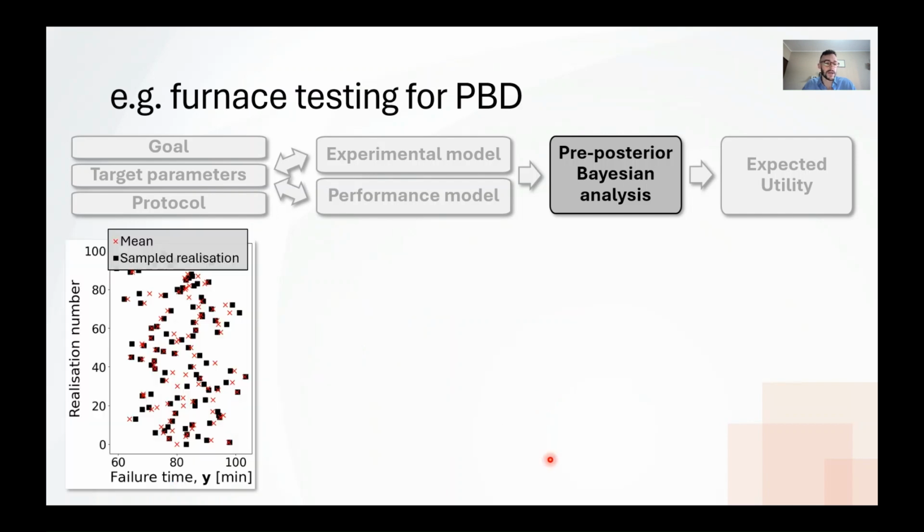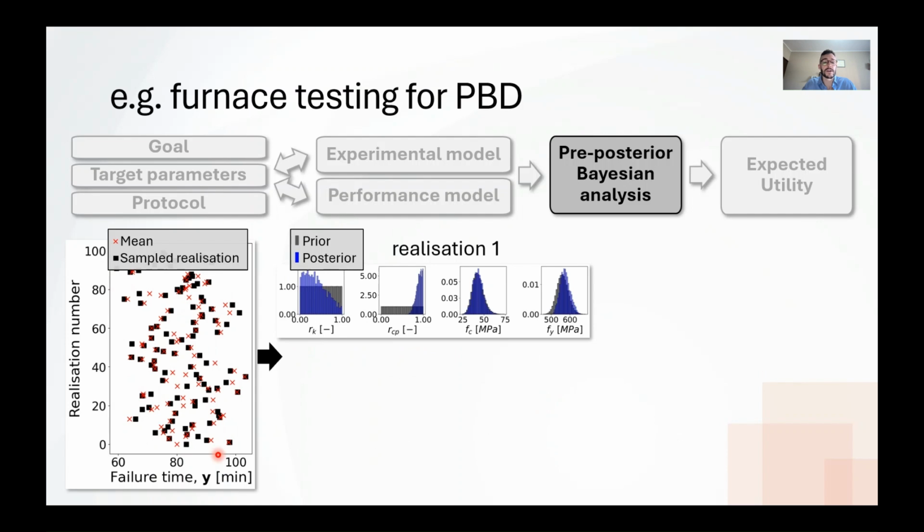And this is what I'm doing here. Here I generated 100 realizations of potential experimental outcomes from our furnace testing. And then for each of these realizations, I'm doing a posterior analysis. So I'm updating the prior distributions based on the observed data, which is the failure time.